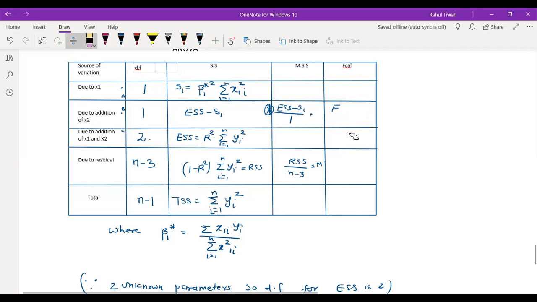This will be MSS for x2 upon MSSE. So based on this, this divided by this quantity, you will get the F cal. Okay, any other question?